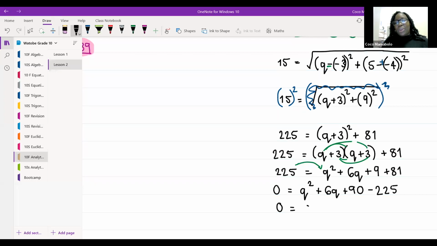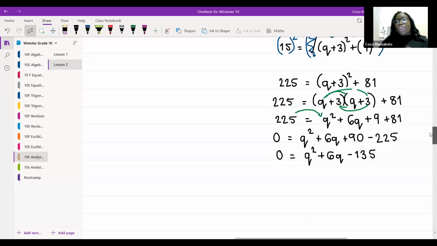Okay, so my equation is going to read q squared plus 6q minus 135. Now, I'm solving for a quadratic equation. Yes? So I would open 2 brackets. You agree?